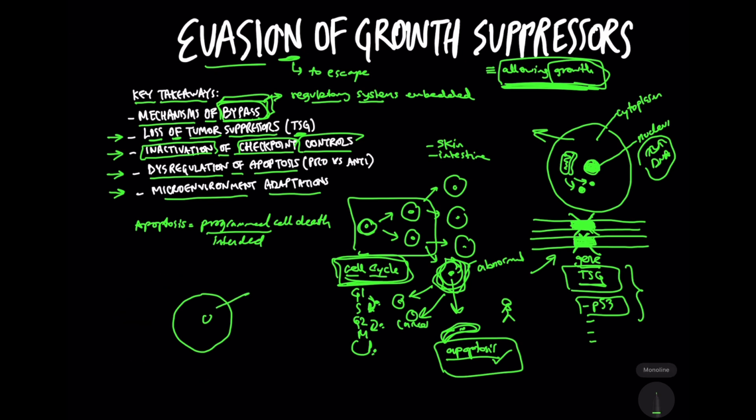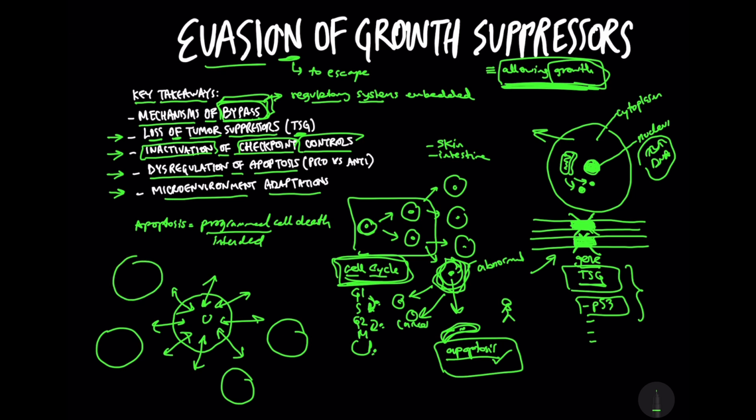These are all factors that are going to influence how this cell and other cells behave. There are going to be other cells, which can be immune cells as well, and there can be proteins and molecules.